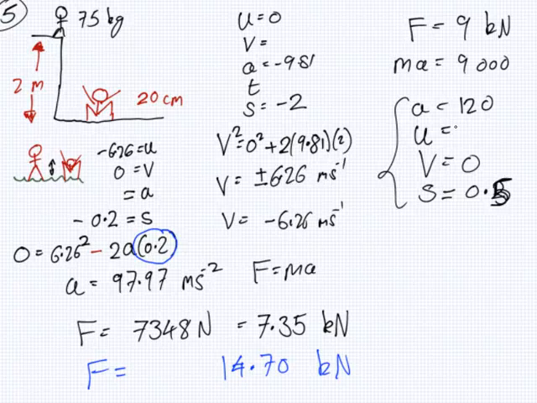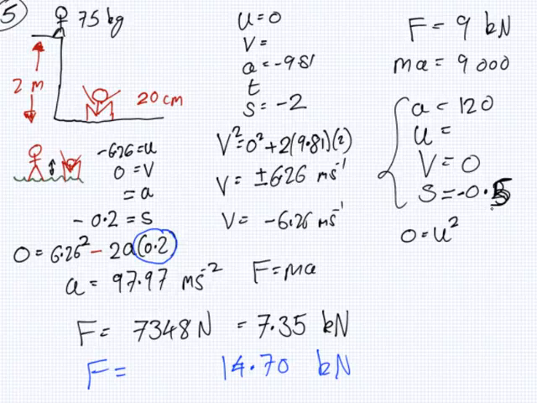So then we can work out what the U is here when he hits the ground, for that part. What formula will we use? I want the U. V squared equals U squared minus 2AS.